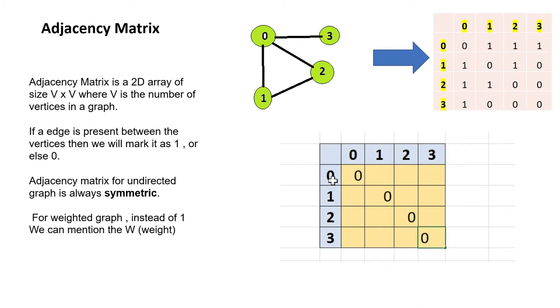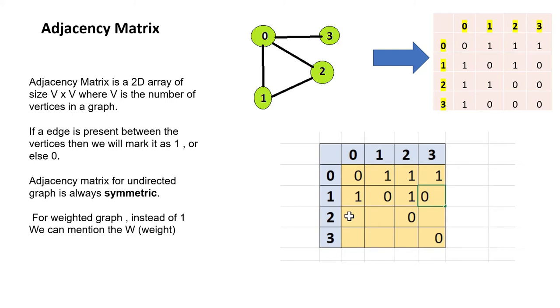Now if you see, from 0 to 1 there is a connection, so I place 1 here. Then 0 to 2 also there is a connection, so I place 1, and 0 to 3 also there is a connection. Now for 1, from 1 to 0 the connection is obviously present, and from 1 to 2 a connection is there. 1 to 3 there is no direct connection, so we put a 0 here.